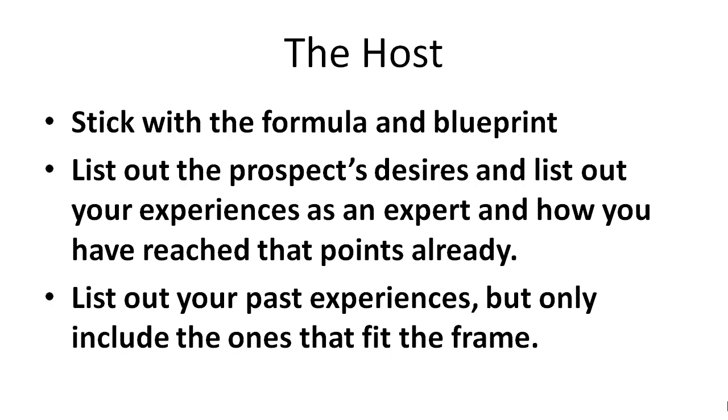Because people want to know your past experiences with the product and service, but only include those ones that actually fit that frame. So if your past experiences have nothing to do with those objections, with those desires, don't list it at all.